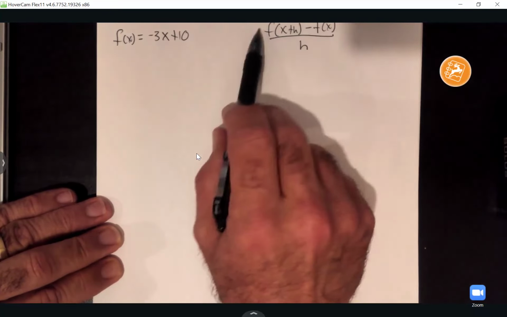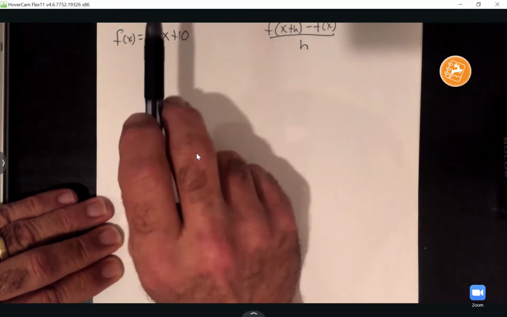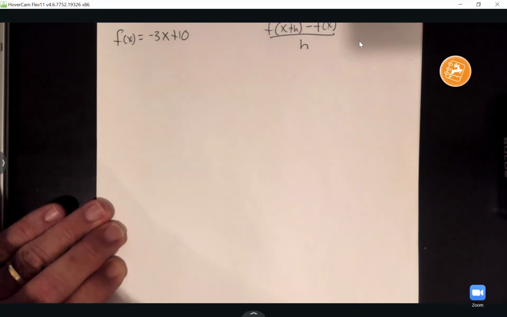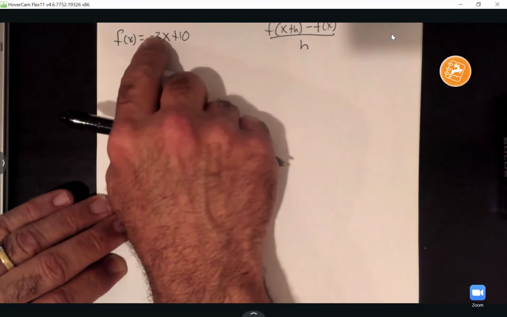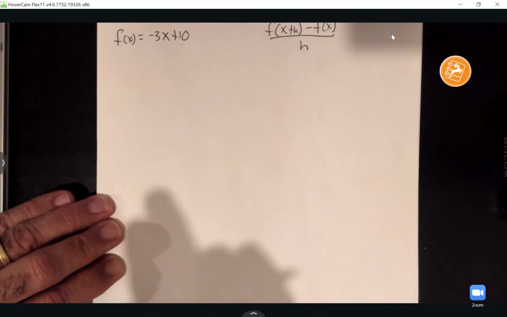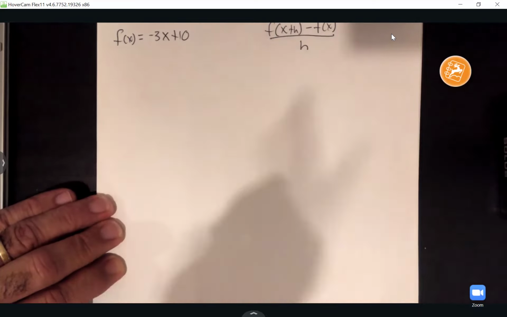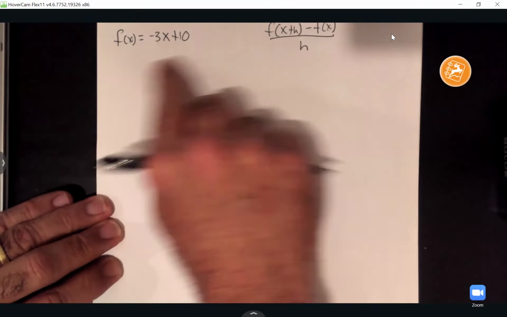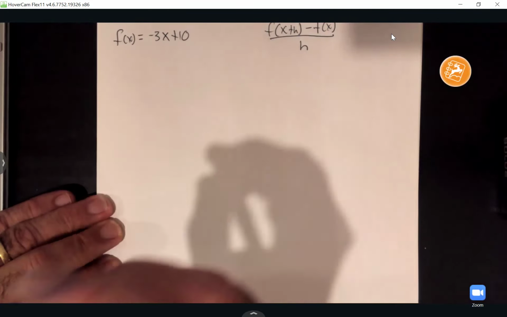So when I'm done with this big old formula, I should end up with -3 as my final answer. Now that'll work on number 19 because this is a line. Number 20, I got some x squareds in it and stuff, so it's not true for that one. So let's find out if this is going to be -3 when we're done.